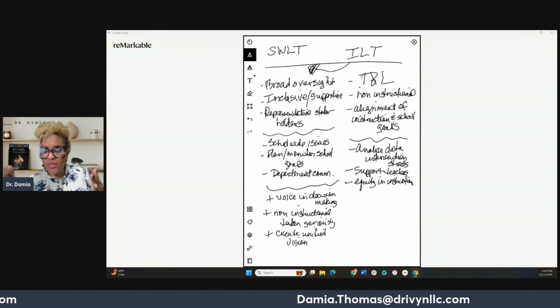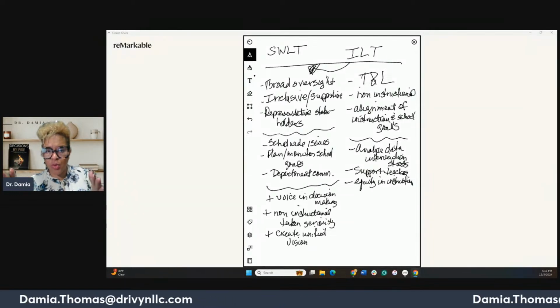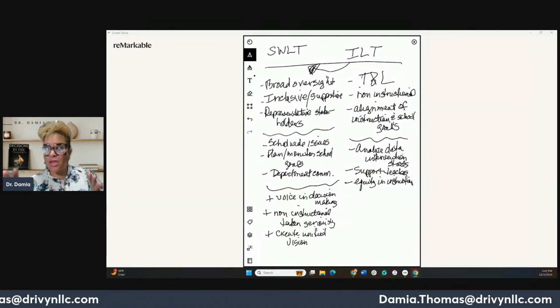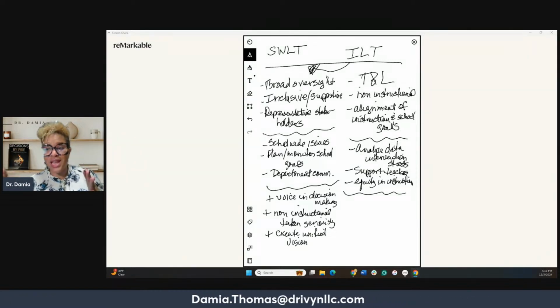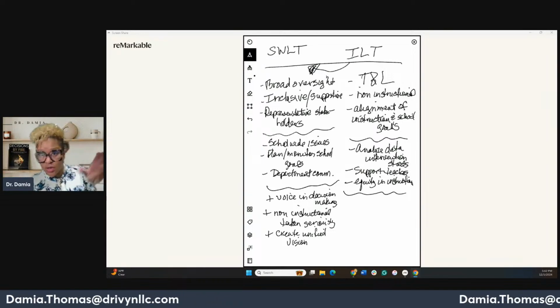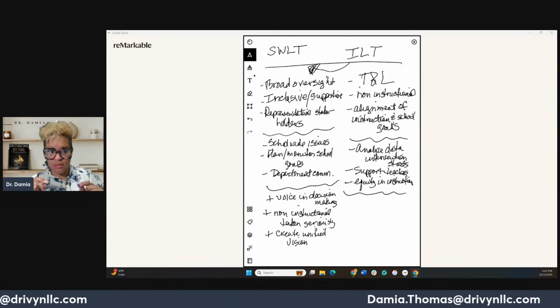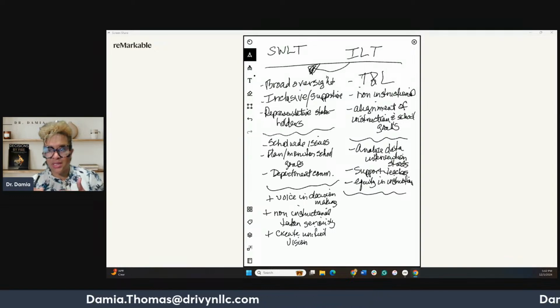So the role of the instructional leadership team is to address any of those things. Make sure that there's an equitable approach in addressing those gaps and being really honest and supportive of teachers so that they understand that here's your teaching, here's what's resulting from your teaching, right? That is the role of the instructional leadership team, which is why it's so important to have systems in place, okay?